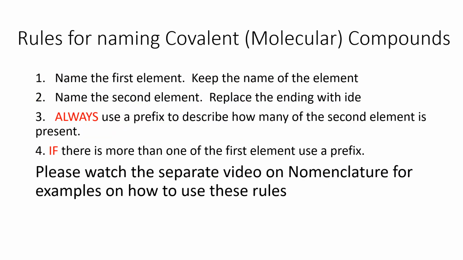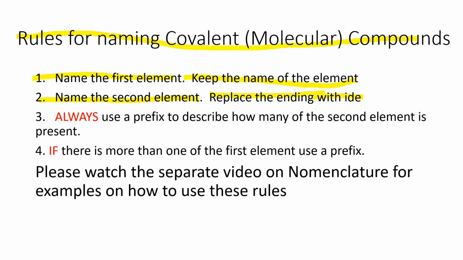As we said, we had another type of compound. We had ionic compounds. We also have covalent or molecular compounds. They have a little bit separate rule list. First rule, name the first element present. Keep the name. Second rule, name the second element. Replace that ending with the IDE ending.